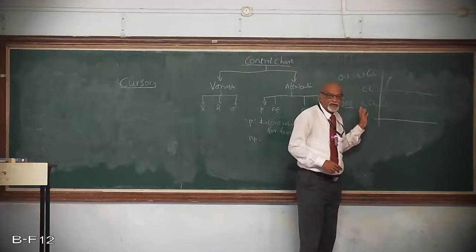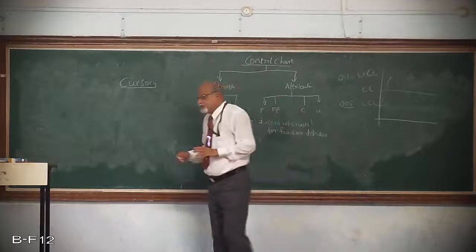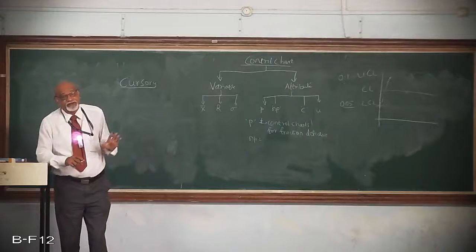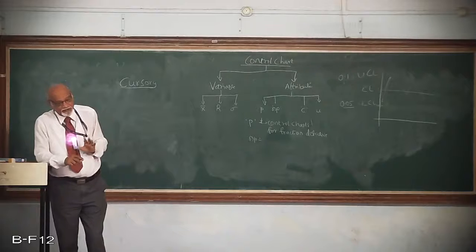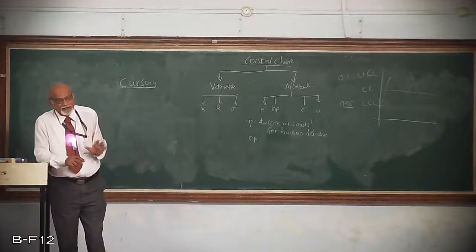The lower limit is 5. That means if it contains between 5 to 10 number of defectives, then it will be accepted. Process is going on. So the variation observed is normal. So there is no cause for worry.